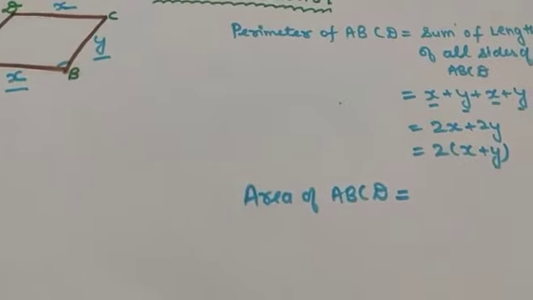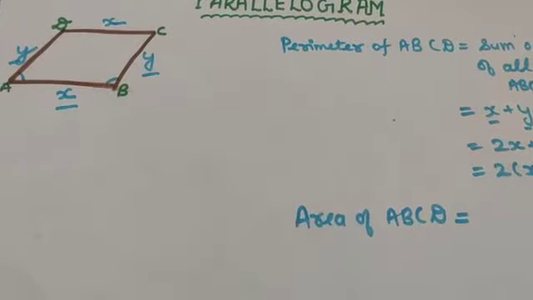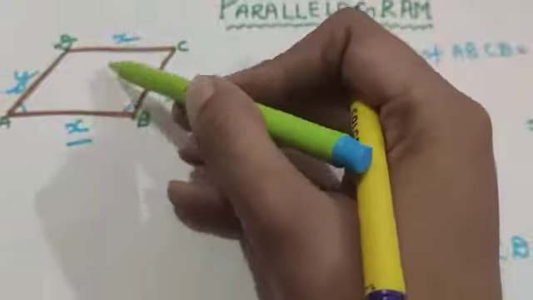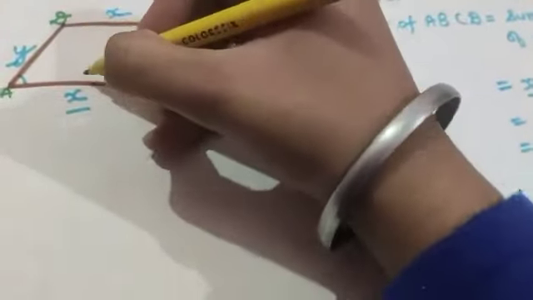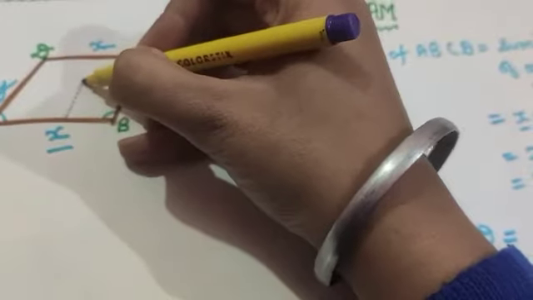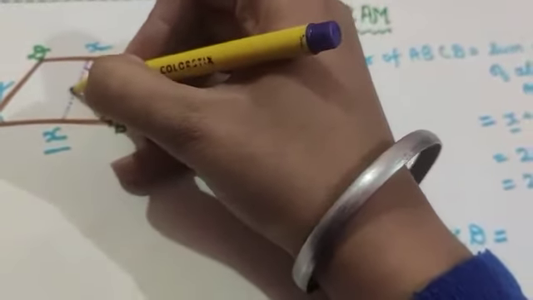First of all, for finding the area of the parallelogram, we need to find the distance between the two opposite sides. So let us draw a perpendicular. Here it is, a perpendicular. Let the distance between them be h.